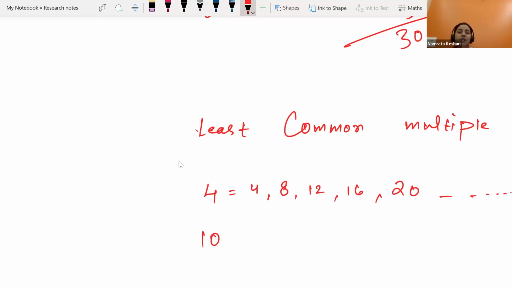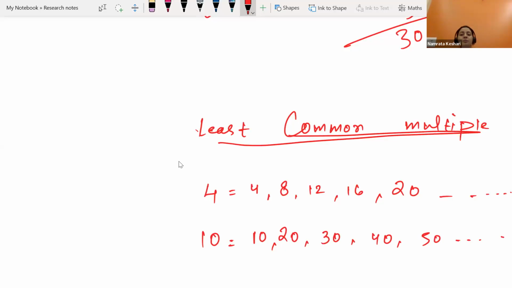Now the multiples of 10: 10, 20, 30, 40, 50. You can keep on writing. Now for finding the least common multiple, the very first common multiple, we check: 20 is here and 20 is there. That is the first or the least common multiple. Hence, the LCM of 4 and 10 is 20.